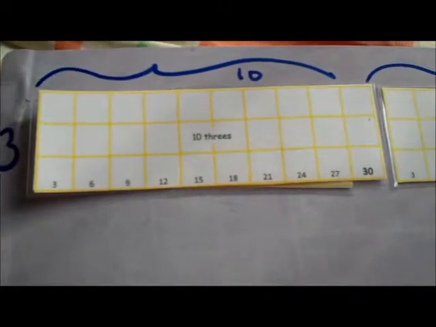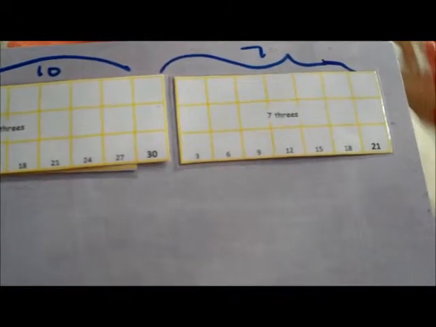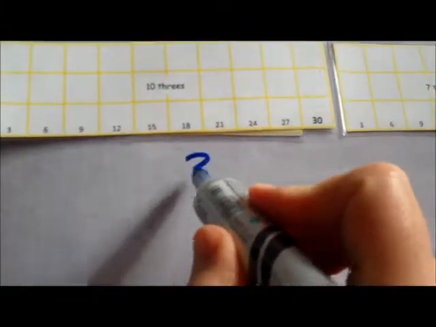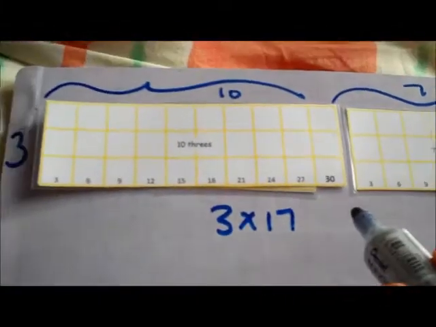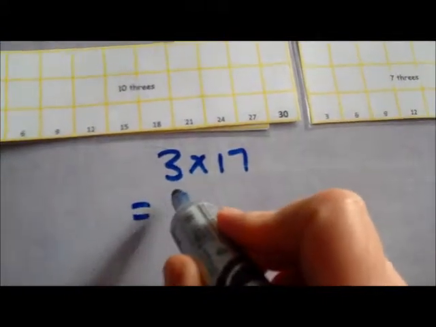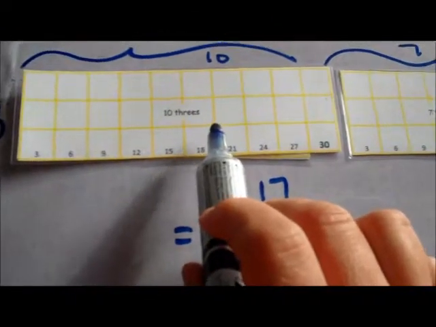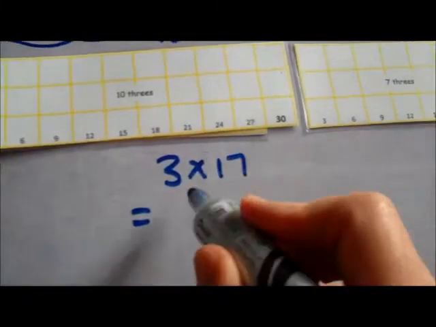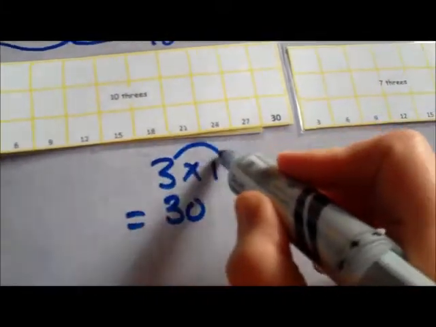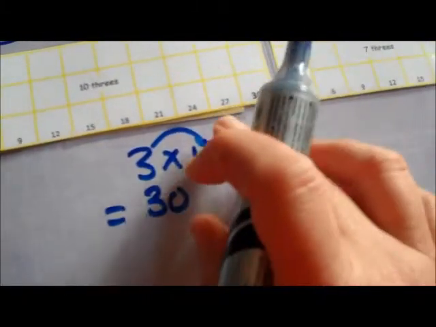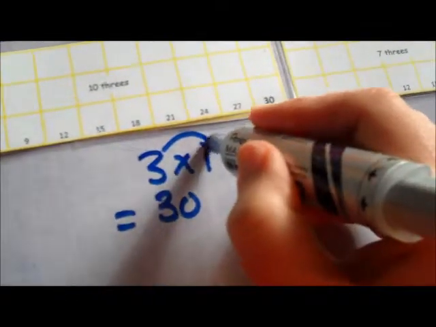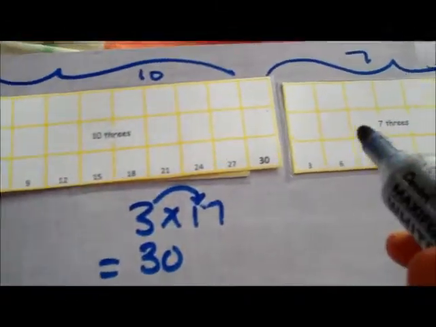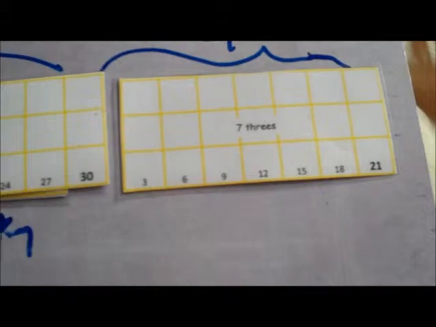So if I said to you 3 lots of 17, I could think of it as 3 lots of 10, that's this block here, 30. That's 3 lots of 10 and 3 lots of 7.